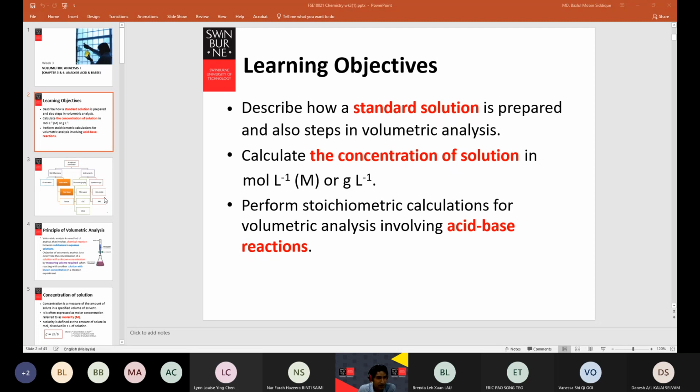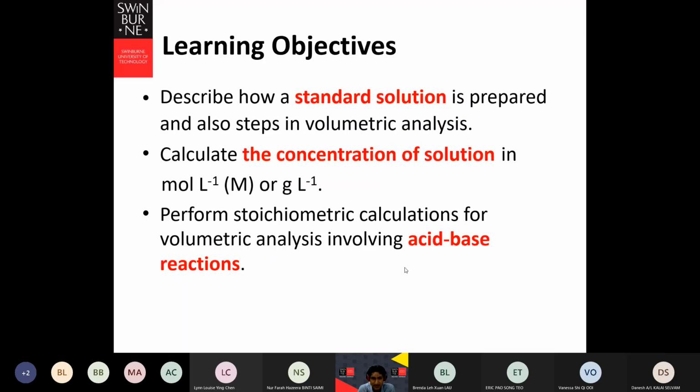So I was talking about stoichiometry. When we understand how the reaction is occurring between one species and another species, only then will we be able to find out the concentration of others.